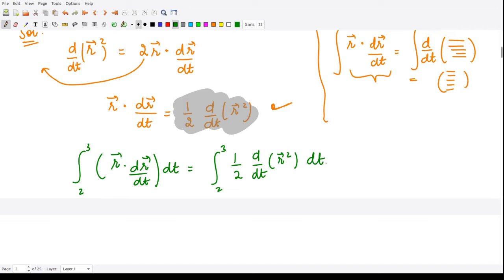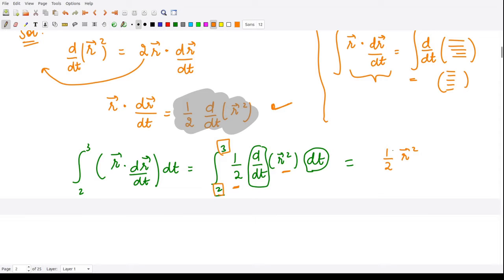Now you see this derivative operator and the integration operator, which is also with respect to t, cancel and give the quantity half vector r square. Moreover, we have limits here, so that means we have to compute this quantity here.